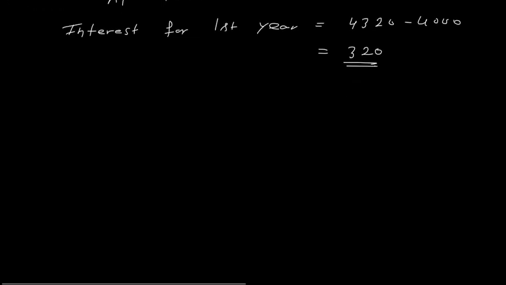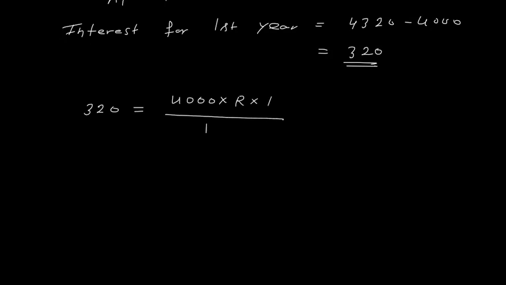So here the formula is your interest. Therefore I will say that this rupees 320 will be equal to principal 4,000, rate we don't know, and time we consider 1 year, upon 100. So by this I will get rate is equal to 320 divided by 40, this 0 cancels, and 4 8s are 32.